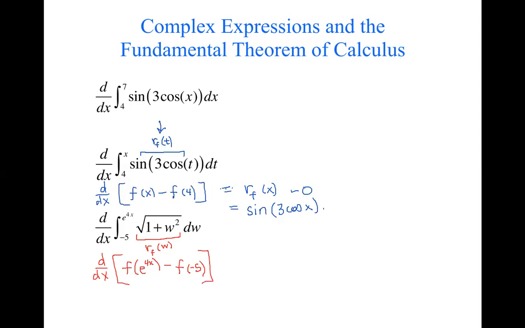But what I want is a derivative that involves, if you can see this maybe, a composition of functions here. So if I knew what function f was, let's say f of x was sine of 2 plus x, just to make something simpler to write down. If I said f of e to the 4x, it would be sine of 2 plus e to the 4x.